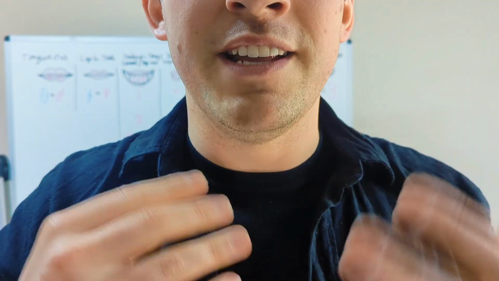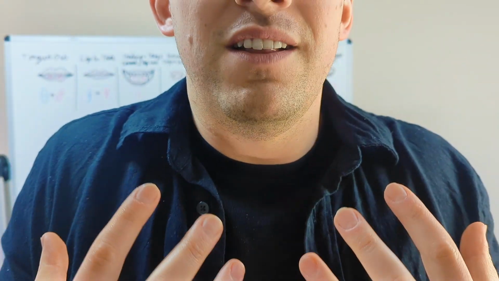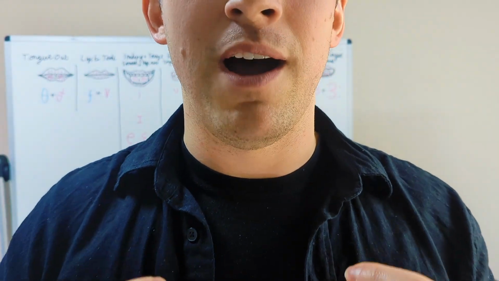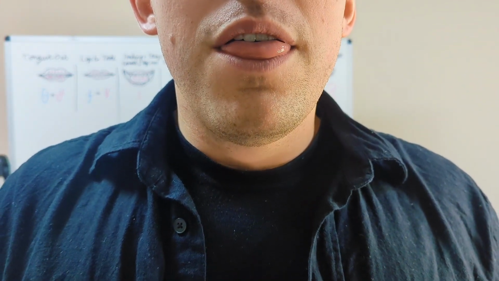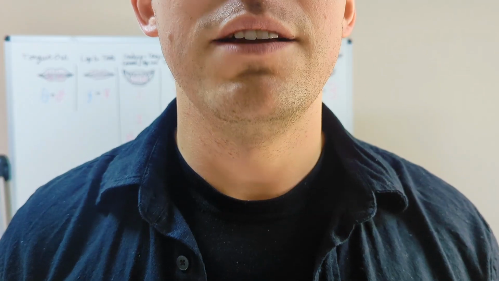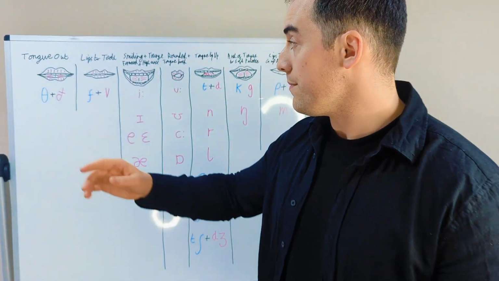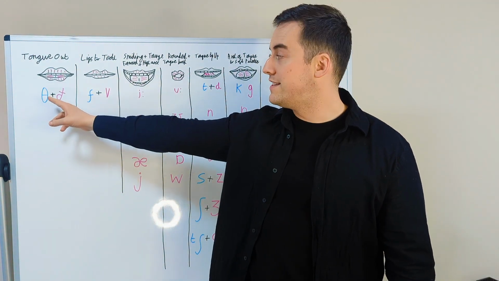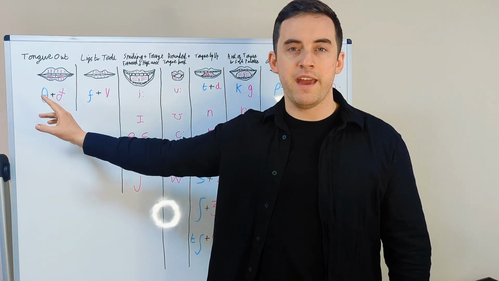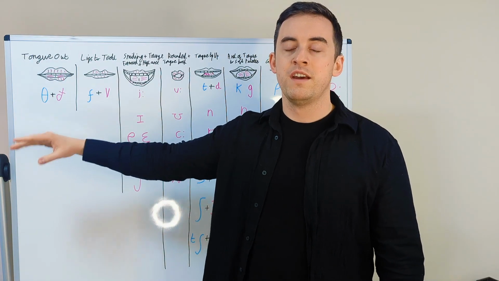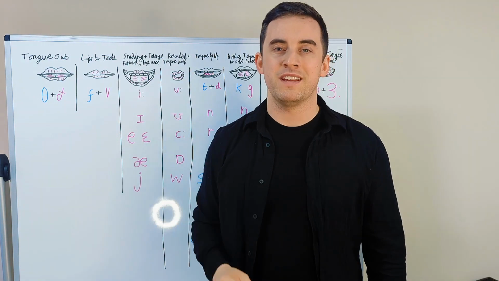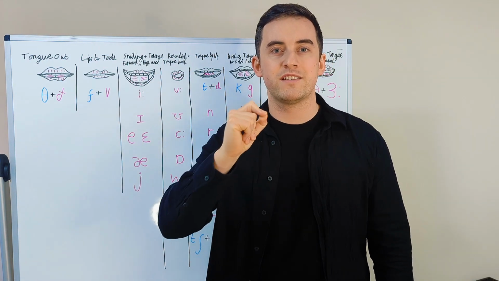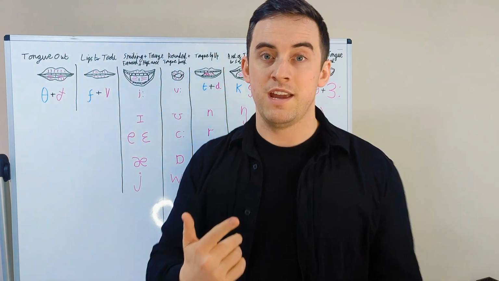You start getting that whining sound of saliva. And you'll feel air pressure, like you have to push the air out. Shouldn't feel like that. It should easily come out. And that is the theta sign there, the unvoiced TH. That is an unvoiced fricative sound. That's the sound of air being squeezed. And that's what you're hearing.